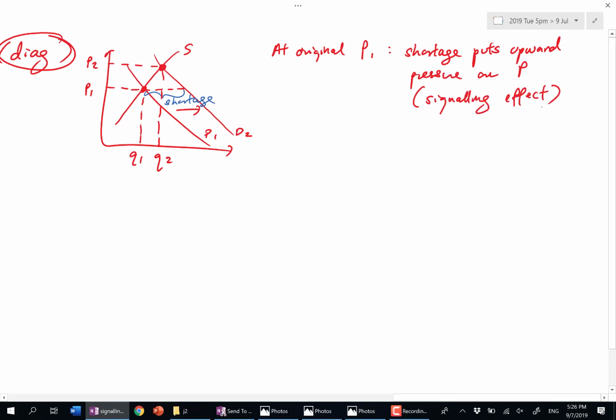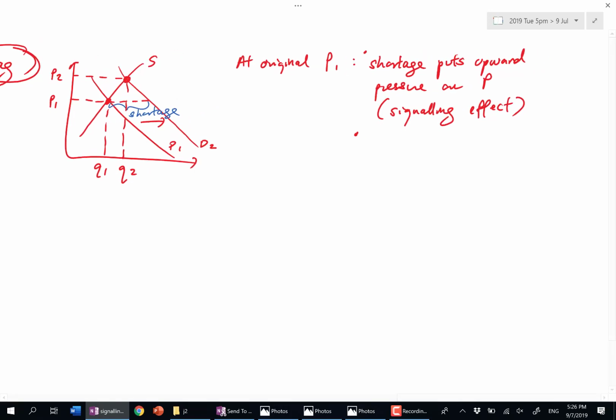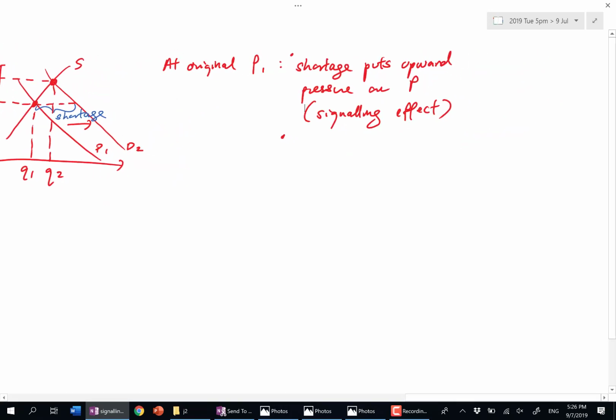The light has come on, it's blinking, right? Follow? Q1, Q2 is shortage. The shortage is actually from here. Yeah, at the original price, quantity demanded versus the quantity supplied. That's the size of your shortage. Can you all see? Okay.